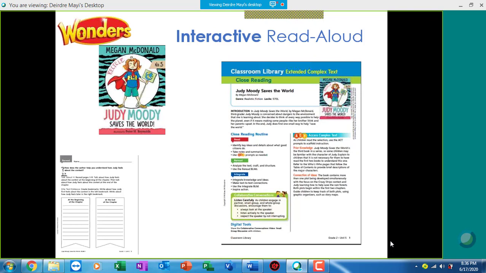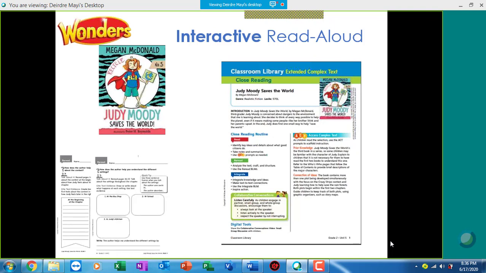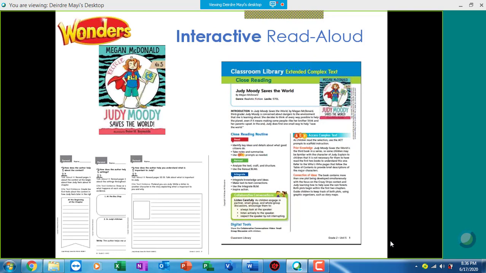We also understand that you might want some tools that will help students sharpen their skills. Of course, these tools will go very nicely with these interactive read alouds. So online, we have placed a number of black line masters that will help you help the students engage in close reading.